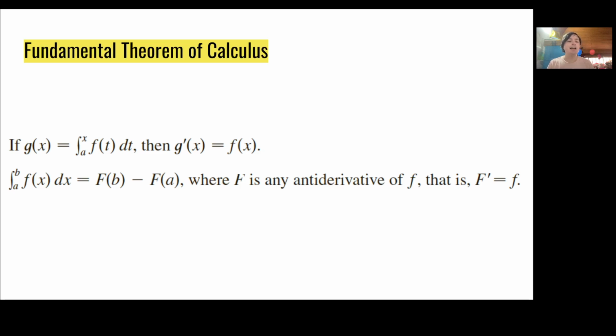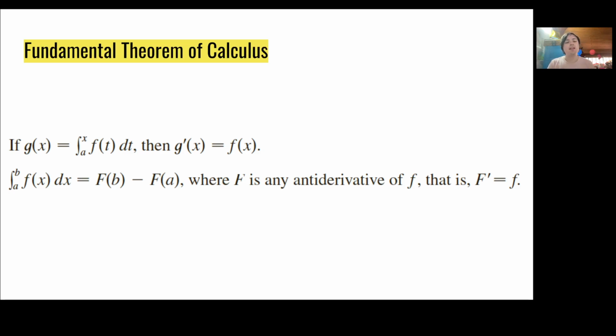So, basically, if a function g of x equals the integral from t equals a up to t equals x of f of t dt, then g prime of x equals f of x, which means that the derivative of g of x equals f of x. Or the function g of x is defined as the antiderivative of f of x.